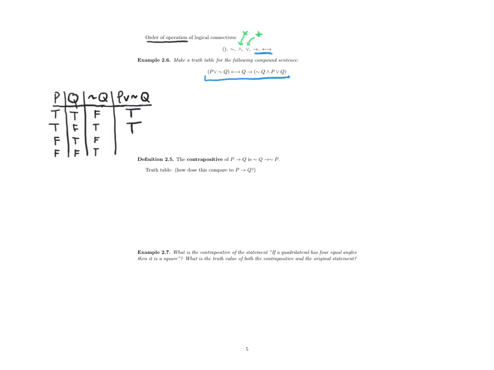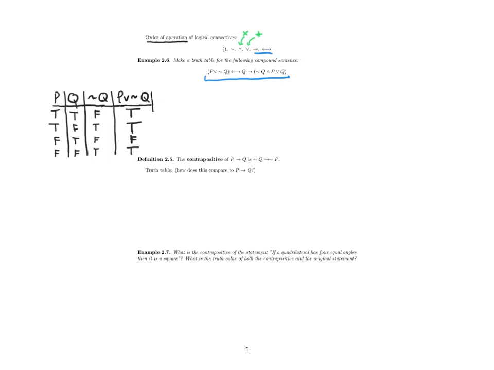Okay, so let's look at the third row. P is false, not Q is false. That's the only situation where an or is false. And finally, we have false and true. P false, not Q true. One of them is true, so this is true. Which means P or not Q is false exactly when P is false and Q is true.